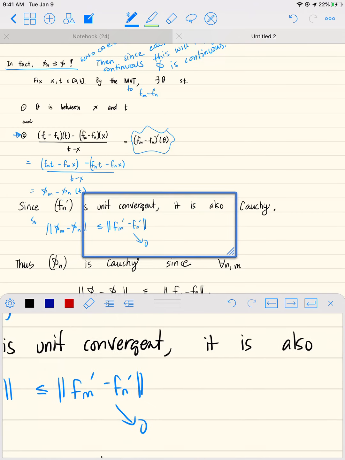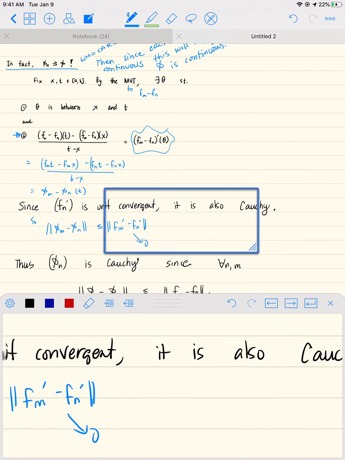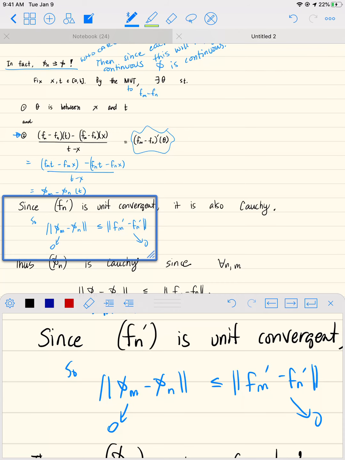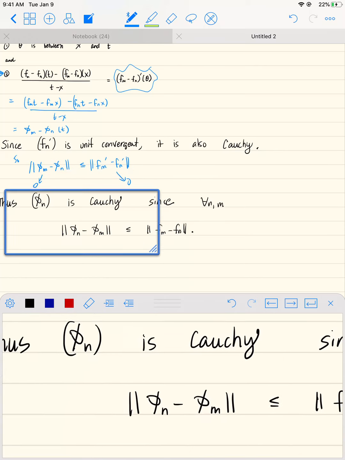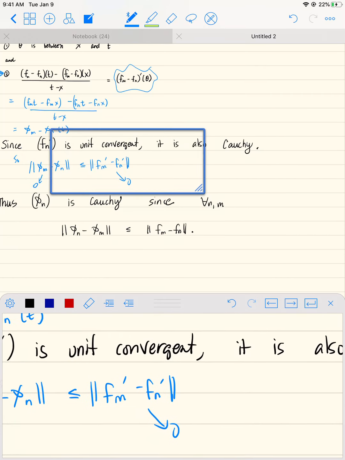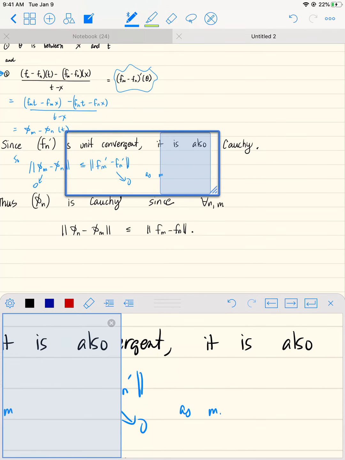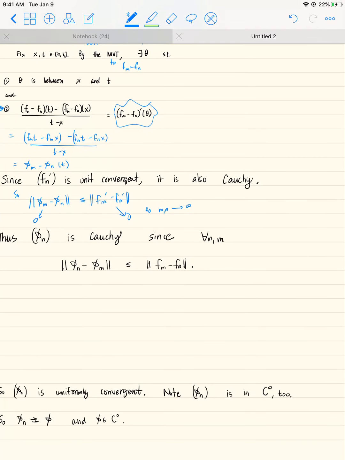So if this goes to 0, since it is uniformly convergent, then this also goes to 0. Okay? And when I say this goes to 0 as m and n get really big, that's another way of formulating Cauchiness. Okay?